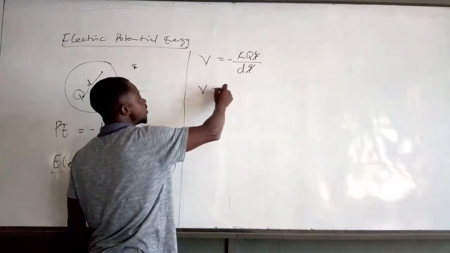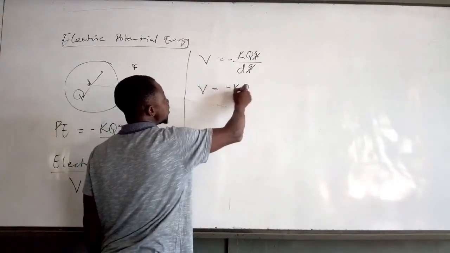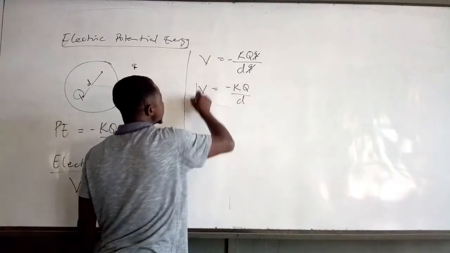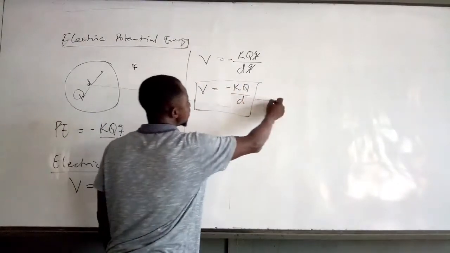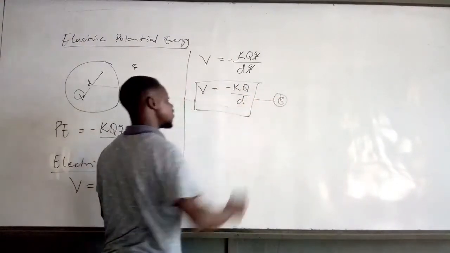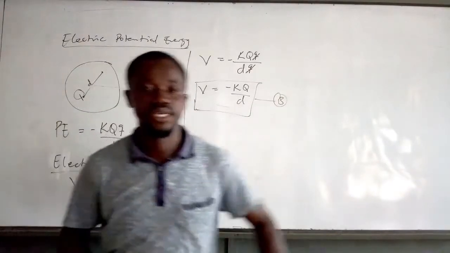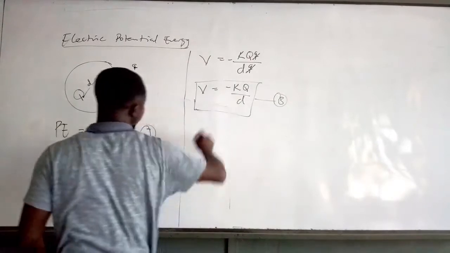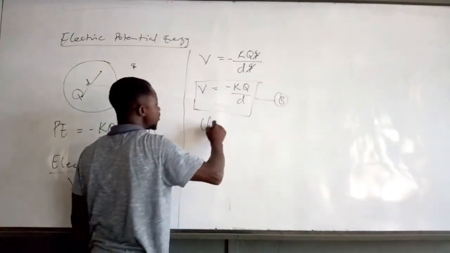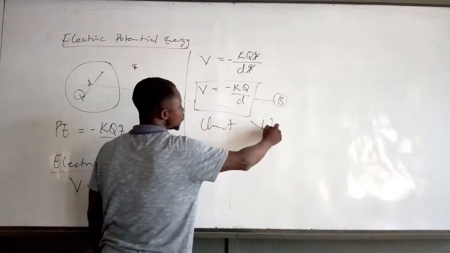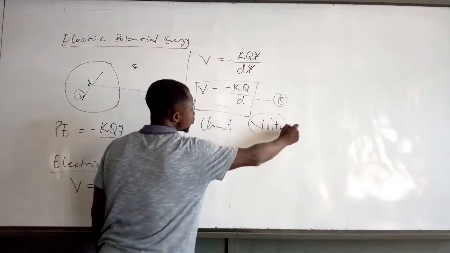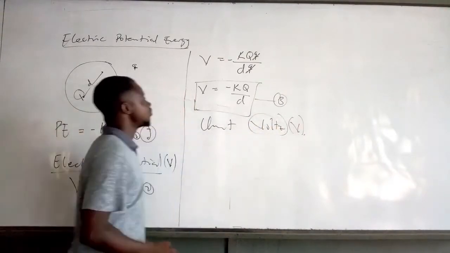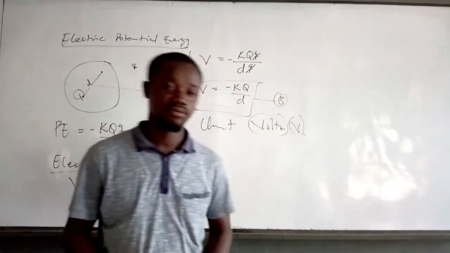Then we get V is equal to minus KQ all over d. This is the relation for finding electric potential. The unit for electric potential is volts. We shorten it as V, right? That's the unit for electric potential, volts.